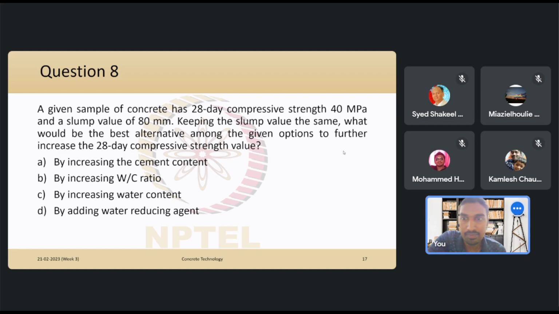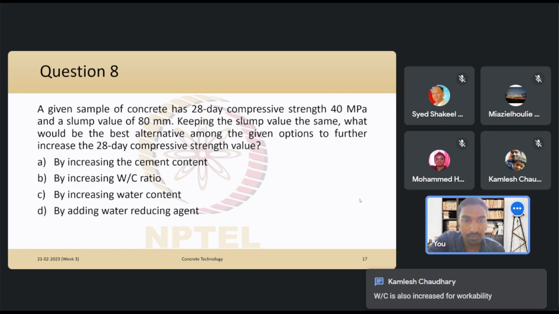Anyone? Yeah, W by C is increased for workability, but here we don't want to increase the workability. So we want the workability to remain the same, but the strength has to be increased.